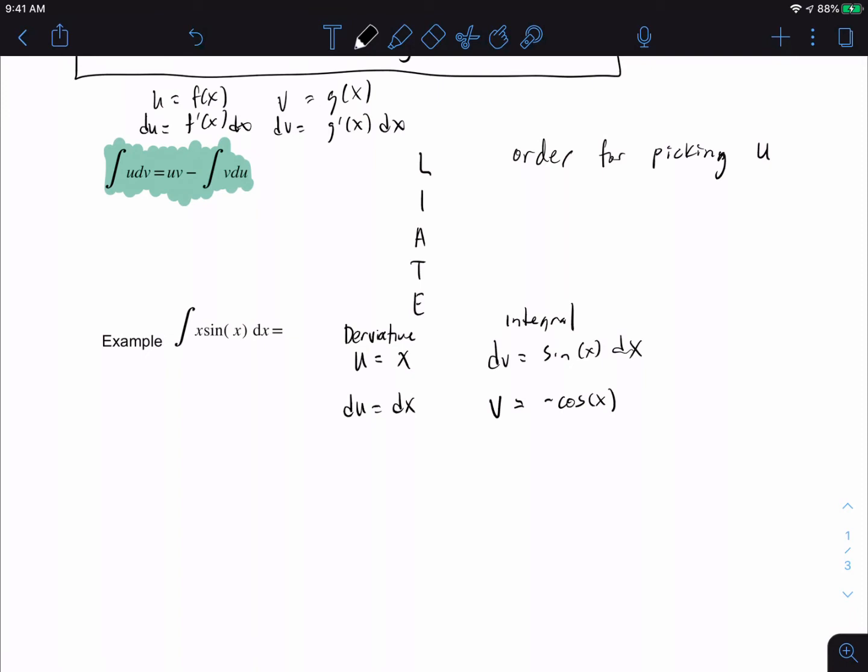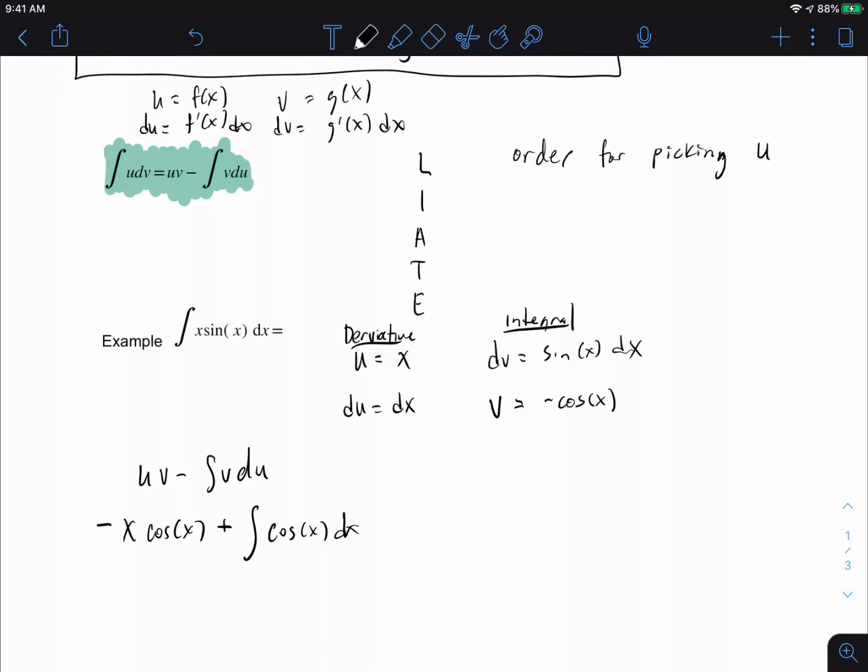Just remember that's the process. Now we need to know the formula, and the formula tells us the solution is uv minus the integral of v du. What's my u? My u was x. What's my v? It's negative cosine of x. So I put the negative there. There's a minus sign, and the integral, what is my v? My v was that negative cosine, so now that becomes a plus, and then my du, which in this case is dx.